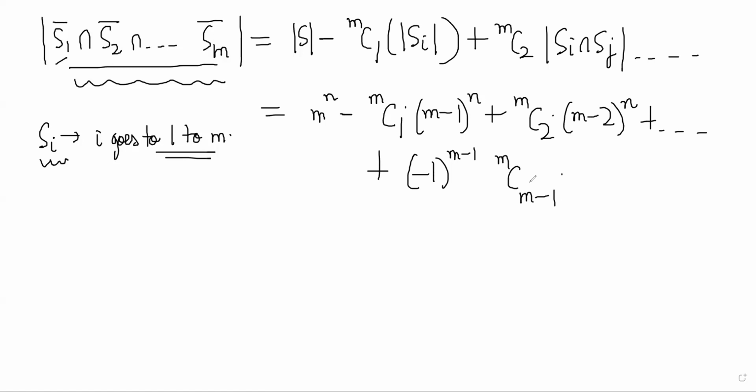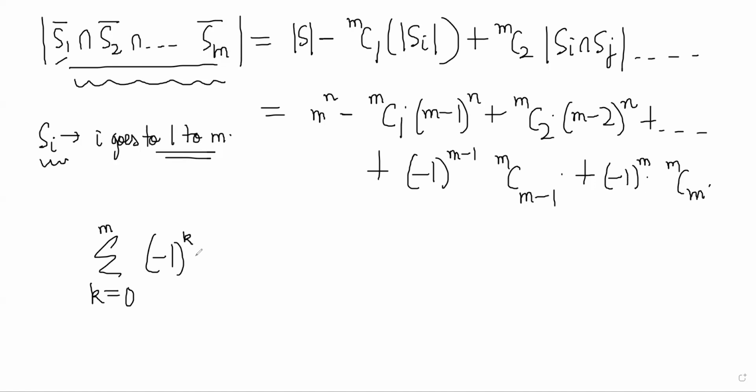So basically, actually you'll go on till the mth term, right? So it will become mCm finally. So the total number of surjections, these are the number of mappings, will be summation k goes from 0 to m minus 1 of (-1)^k mCk (m minus k) to the power n, right?